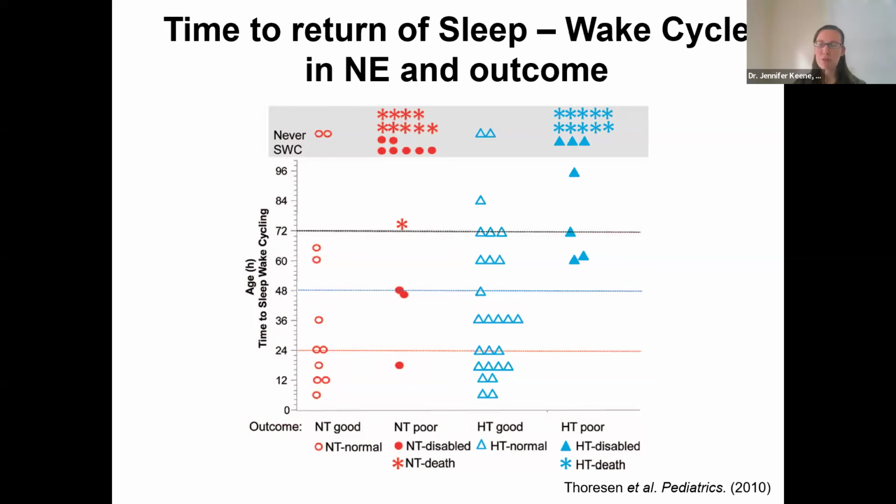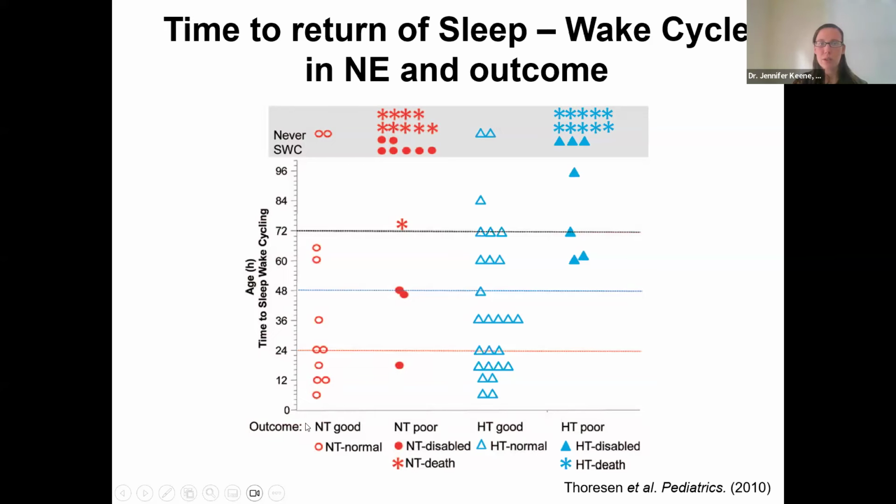This is back from 2010 as we were starting to implement therapeutic hypothermia as our standard of care across the world. And this is looking at time to return of sleep-wake cycling, both in children who did and did not undergo therapeutic hypothermia, where children who had a good neurodevelopmental outcome, broadly defined, are these open markers, and those that had disability were in the closed markers, and those that died are stars.